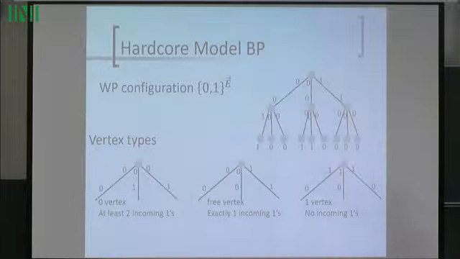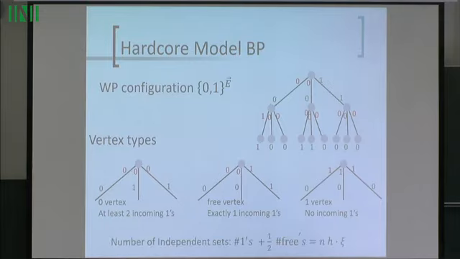You have directed edges, so 2 messages on each edge, and the free ones are when both of the messages on that edge are a 1. It means that both of these vertices would like to be a 1, but because it's an independent set, only one of them can be, so you have to pick.